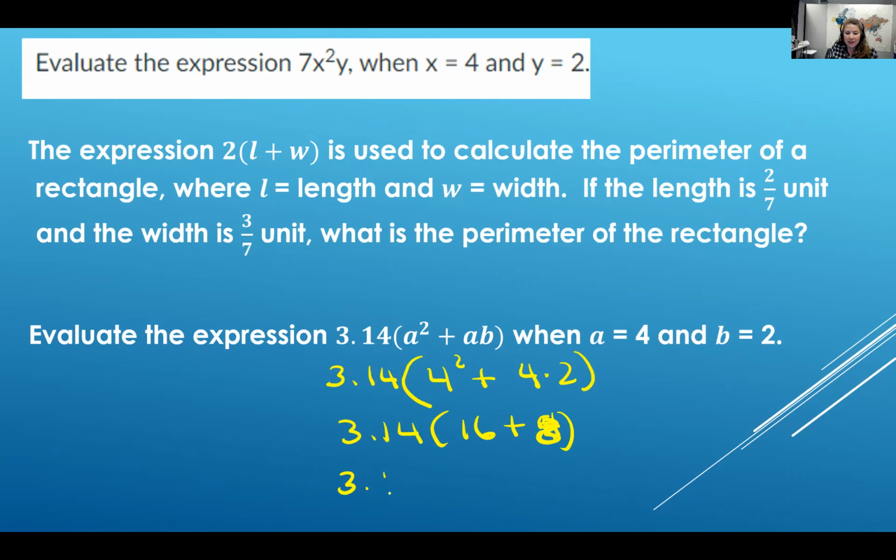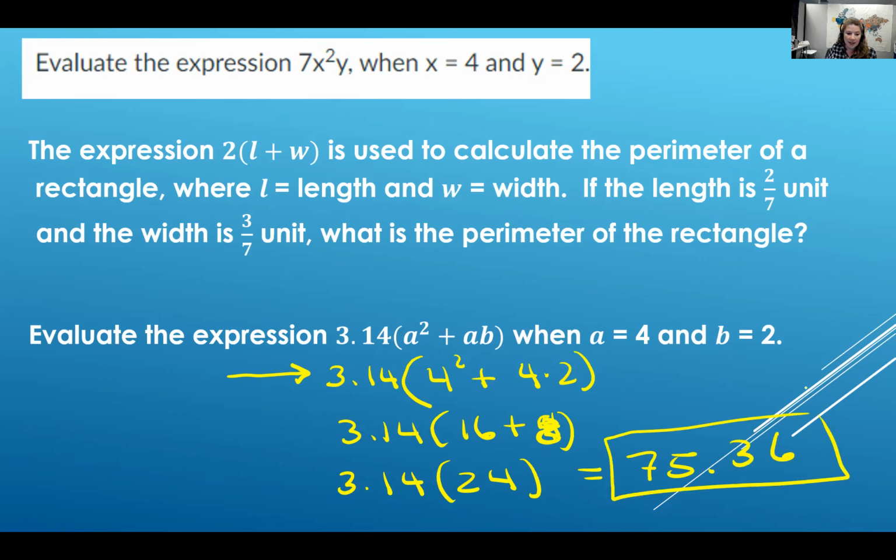And then the last thing we're going to do, we could just plug that right in our calculator if we wanted to, the way it's written. I'm going to go ahead and add those first. It doesn't matter. If you plug this directly in your calculator, it'll give you the right answer if you plug it in exactly the way you see it, including those parentheses. But 24 times 3.14 is 75.36. Did you guys get that?